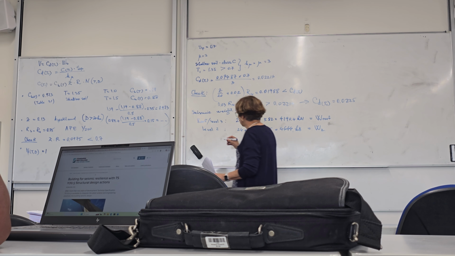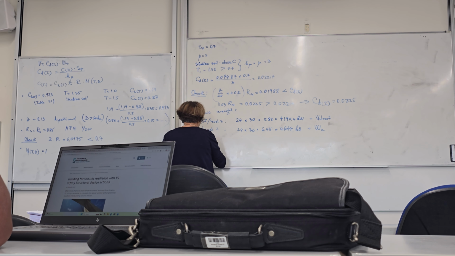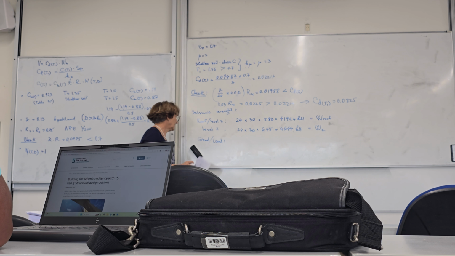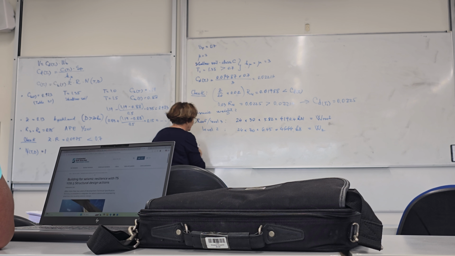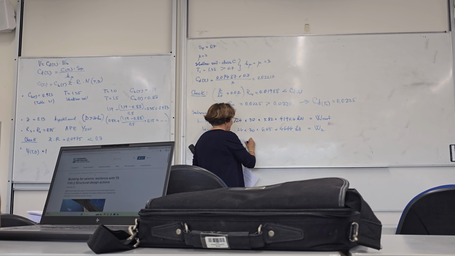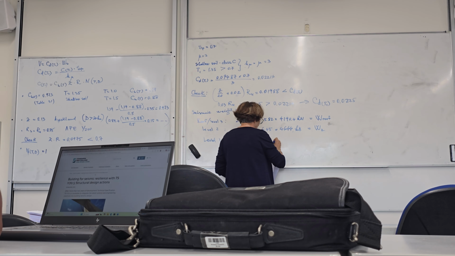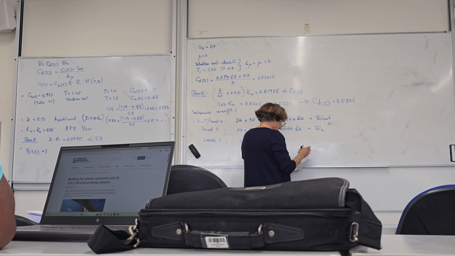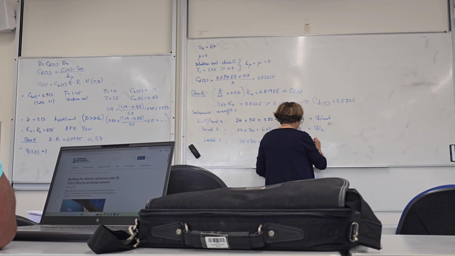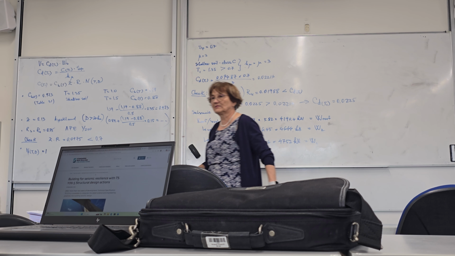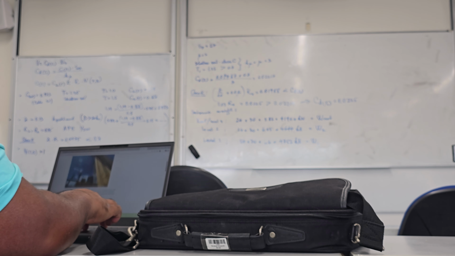And ground level, or level 1. The same 24 times 13 times 6.6 equals 4752 kilonewton. And this is much easier. You don't have to calculate a lot of action.